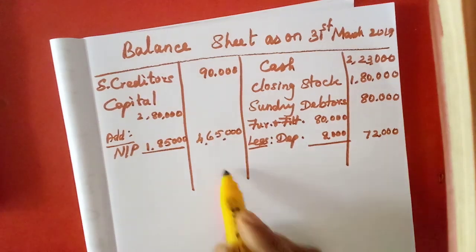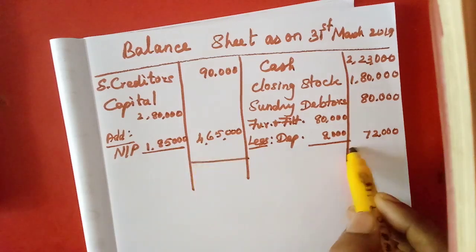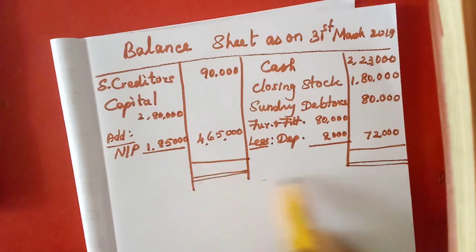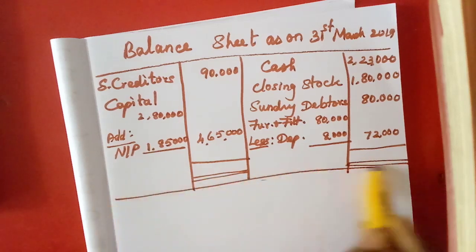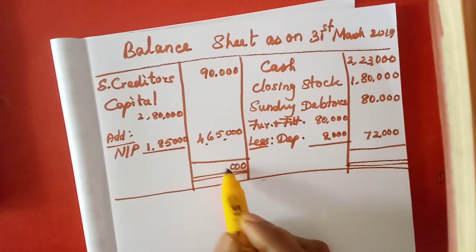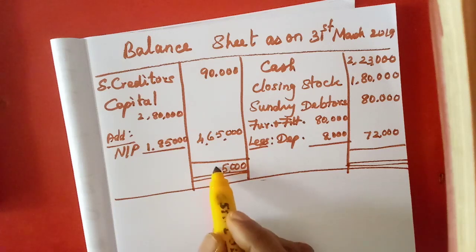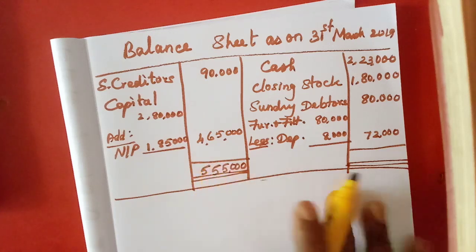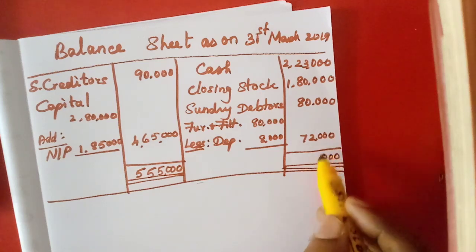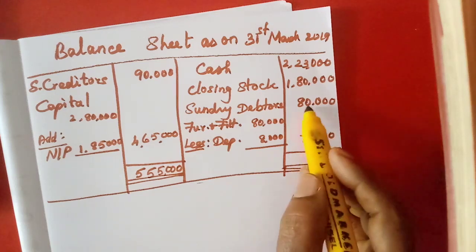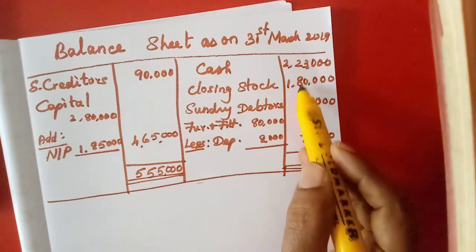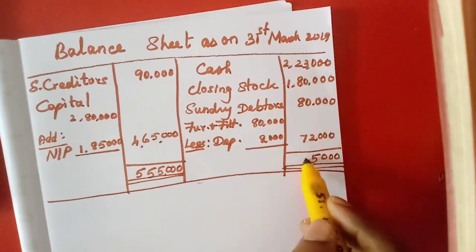We will check whether we get the answer. 5, 15, balance 1. 0, 0, 0. 3 plus 2, 5. 15, 23, 25.